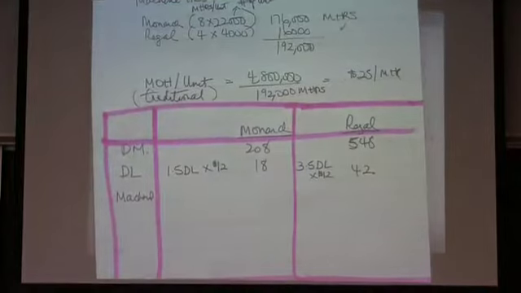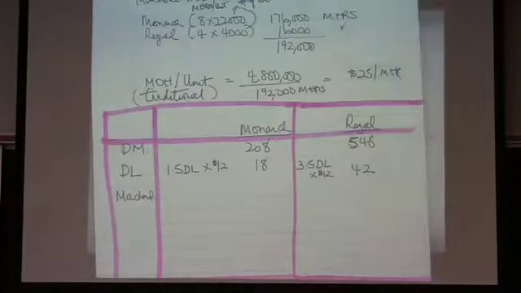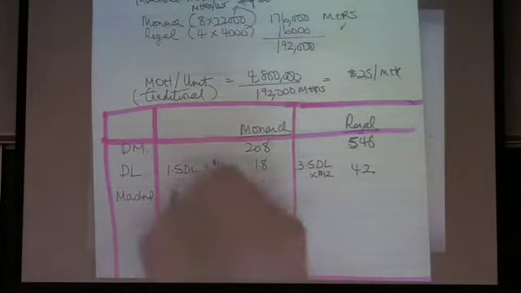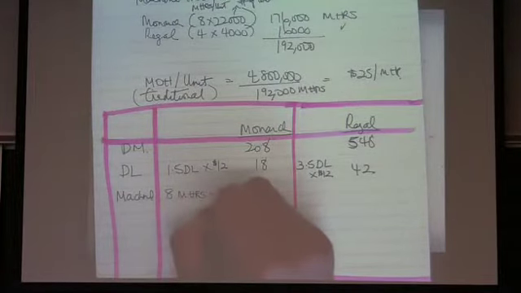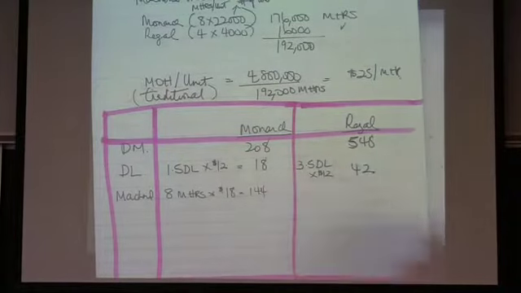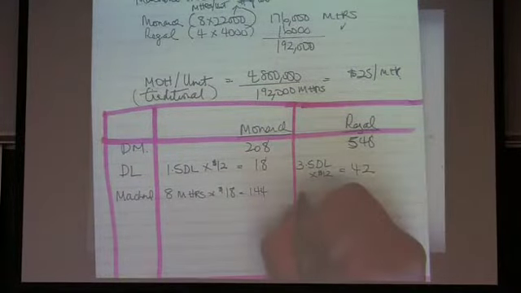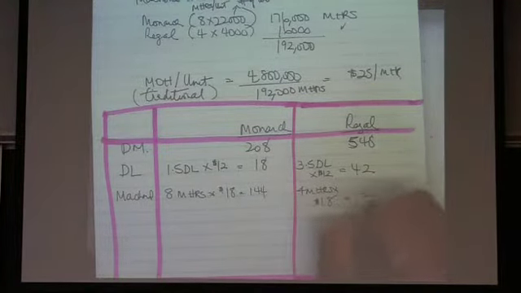Now we're told that the machine is 8 hours, sorry. And we're told that the machine usage is $18 per hour. That was given to us, right? So it's 8 machine hours times 18. And this one is 4 machine hours times 18 to give us 72.